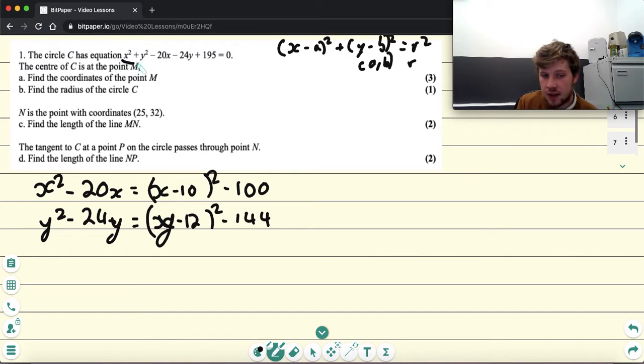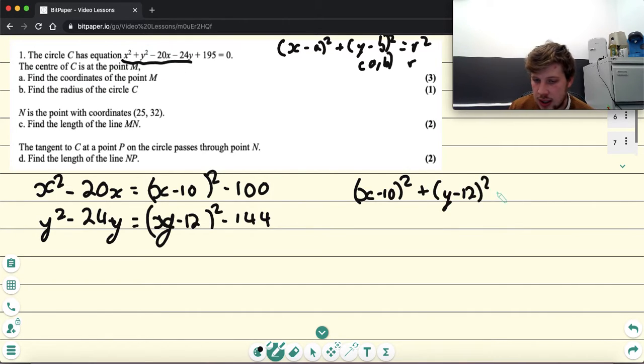Substituting in for these first four terms, I end up with x subtract 10 squared plus y subtract 12 squared, subtract 100, subtract 144 plus 195 equals 0.